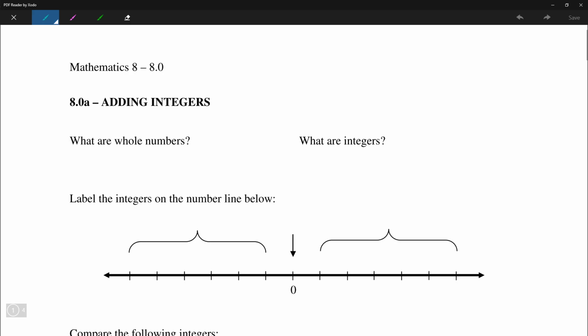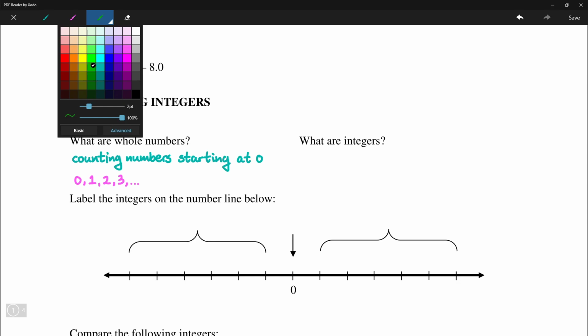So whole numbers are counting numbers starting at 0. So that would be 0, 1, 2, 3, and so forth.